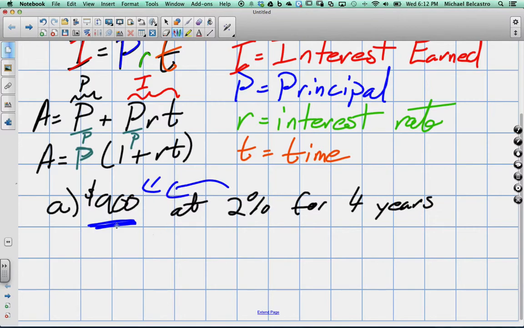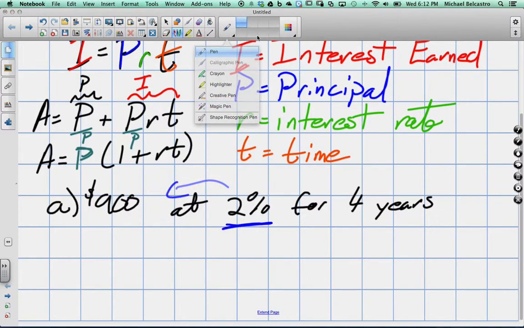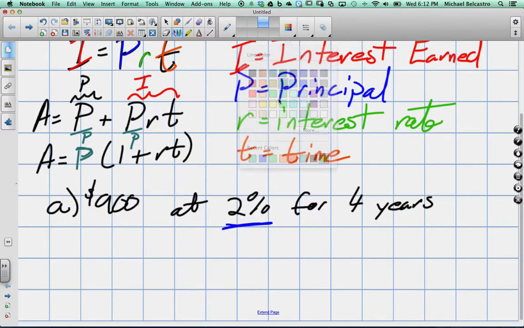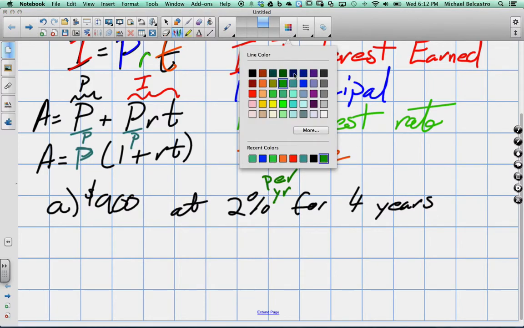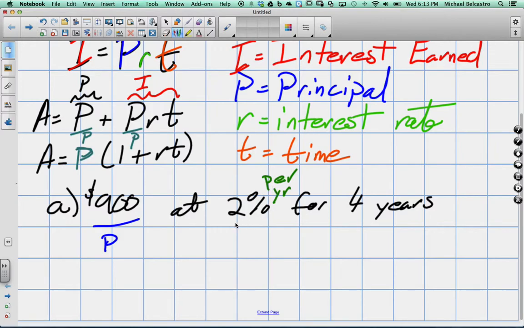Okay, so 900 at 2% for 4 years. Now, normally what that means is 2% per year. In the question we copied from, they didn't say that, but the amount is usually per year. So 2% per year for 4 years. That means our 900 is our principal, our R, or our interest rate, is the 2%, and we write that as a decimal, 0.02.